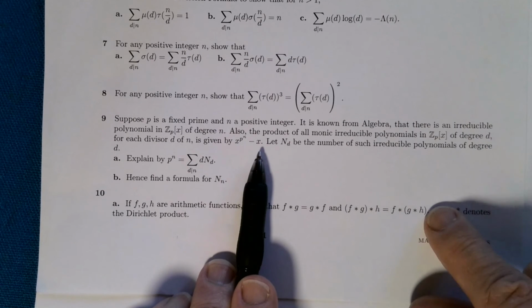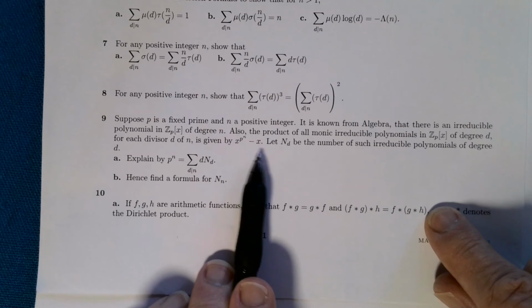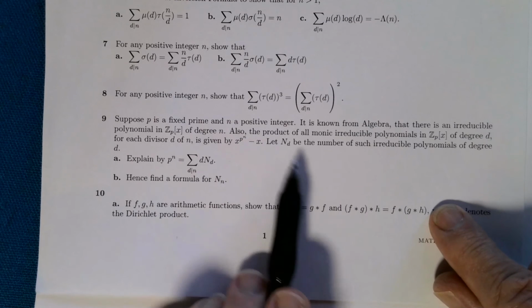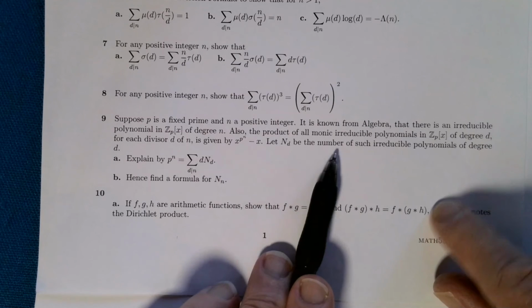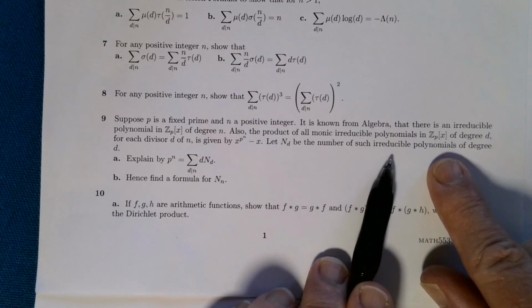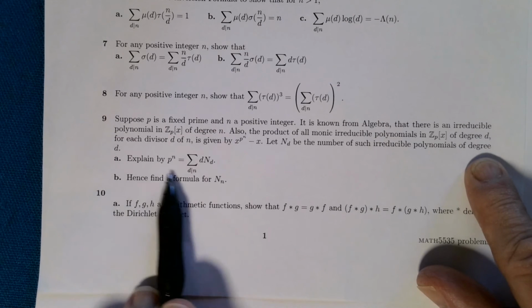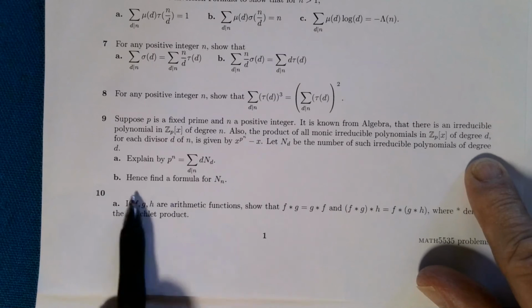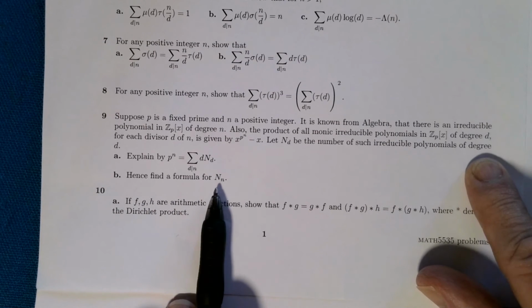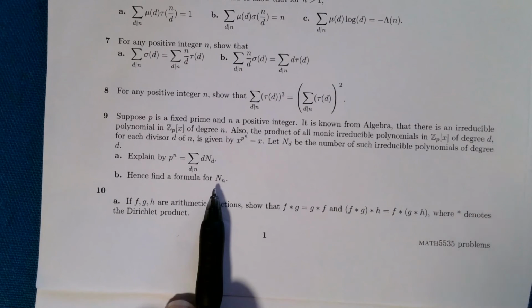This is an important result from abstract algebra. So I'm going to let N sub d be the number of such irreducible polynomials of degree d. And we're asked to explain this statement and then find a nice formula for this capital N, the number of irreducible polynomials.